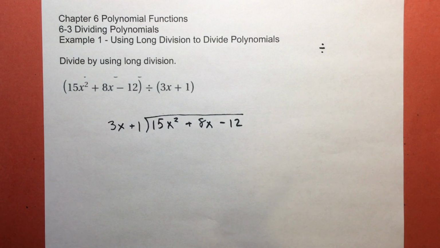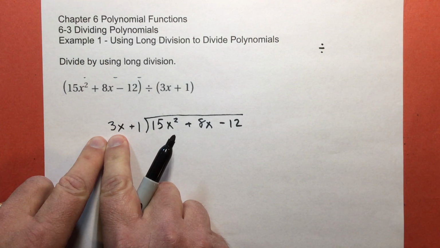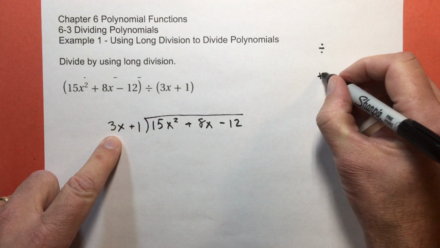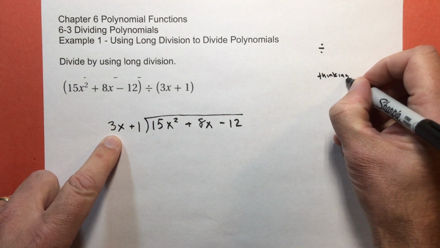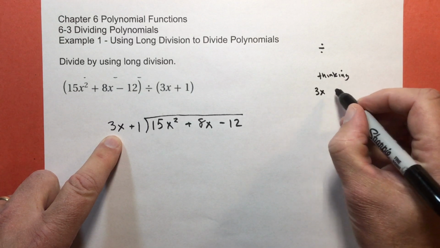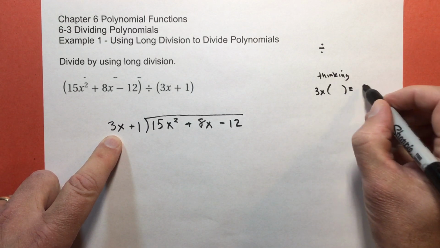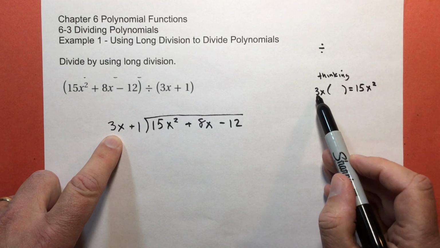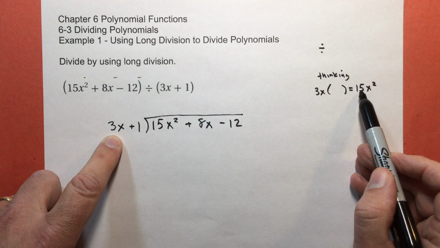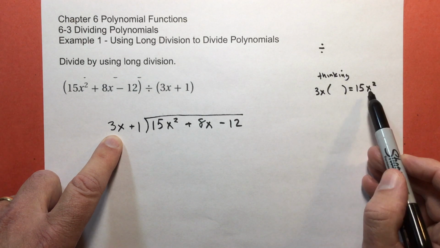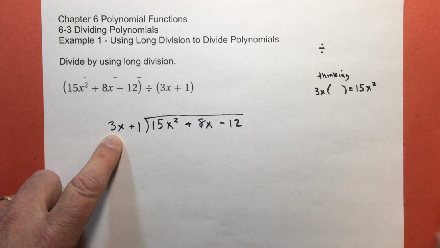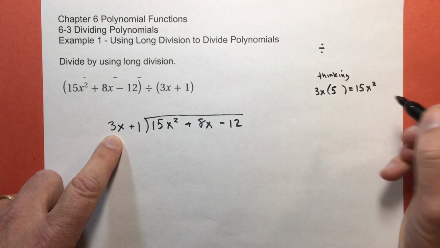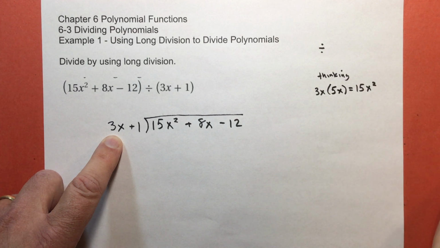So here's what I do. I got to look at the 3x and I got to look at the 15x squared. I'm just thinking, and I'm going to write this over here. So what I'm thinking about is 3x times what is going to equal 15x to the second power. What do I multiply 3 by and I get 15? What do I multiply x by and I get x to the second power? Well, that shouldn't be too hard. 3 times 5 equals 15, and x times x equals x to the second power.